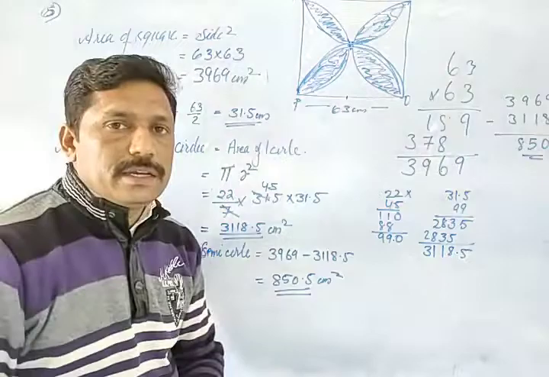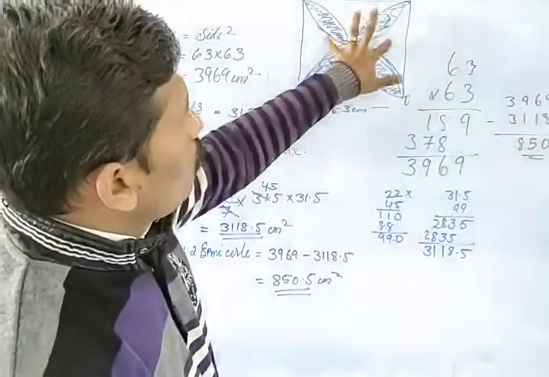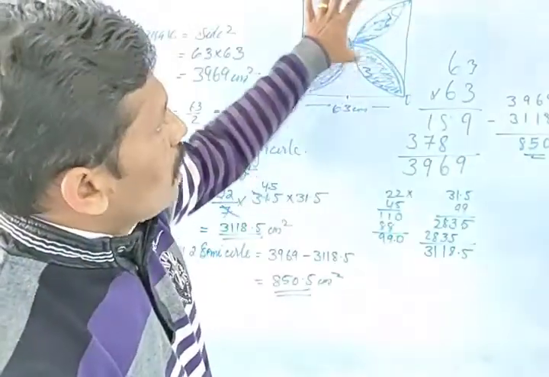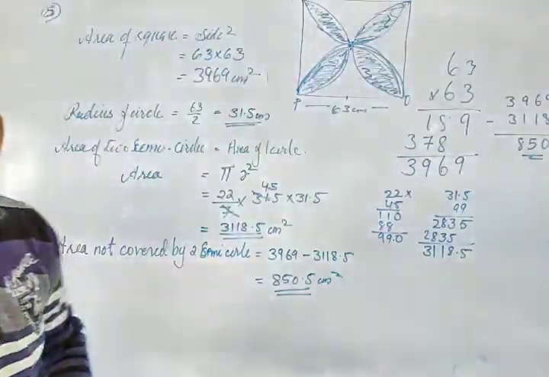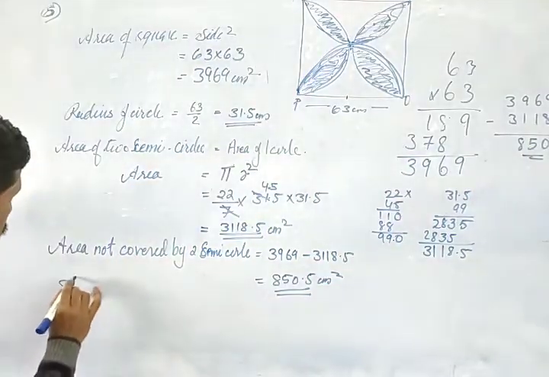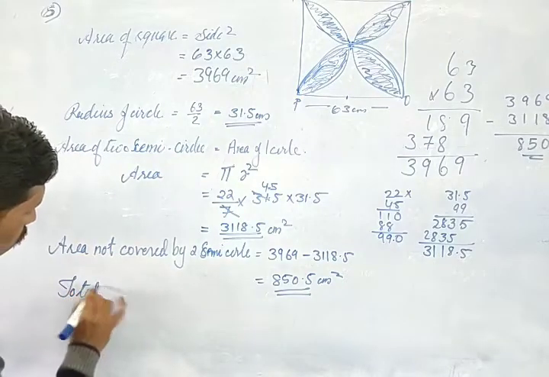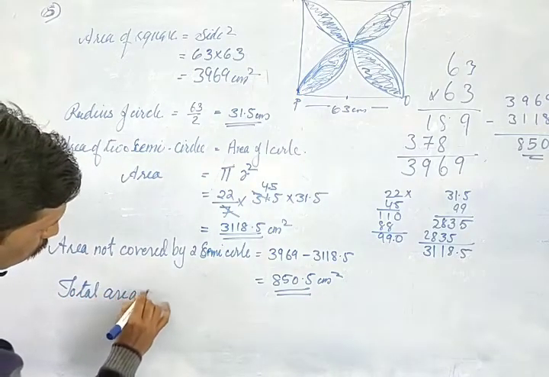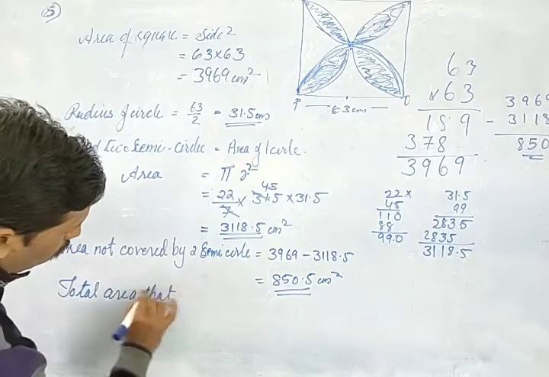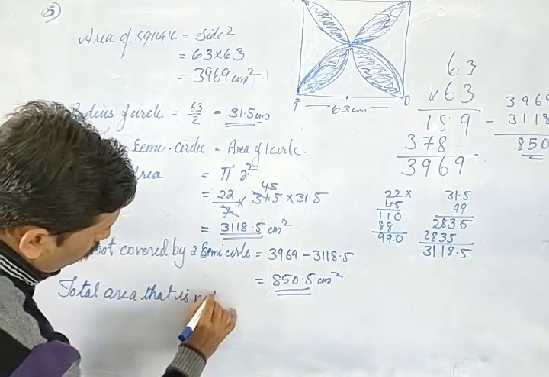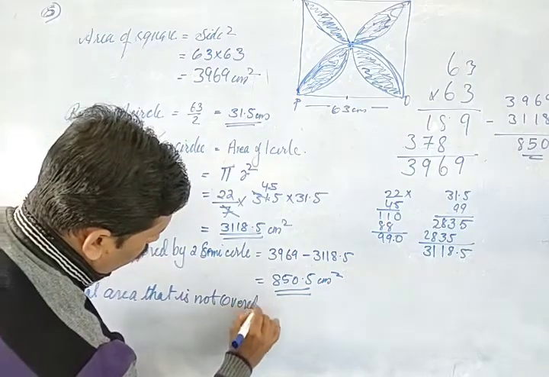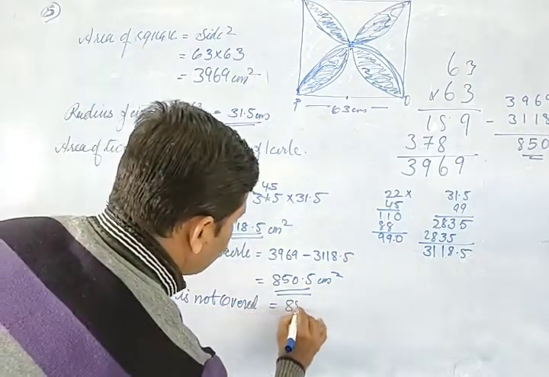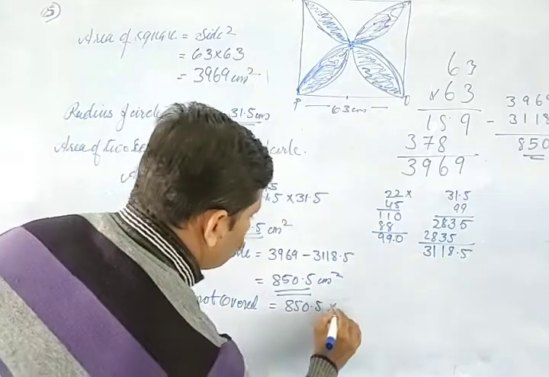Like that, how many places are there? One, these two we already found out as 850.5, and these two also repeat. That also is the same. So the total area that is not covered is equal to 850.5 into 2.